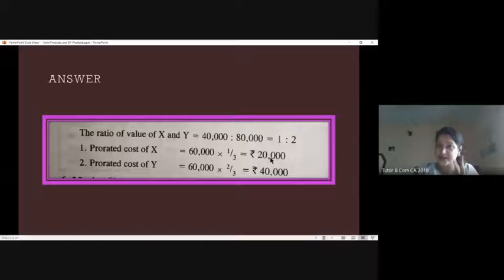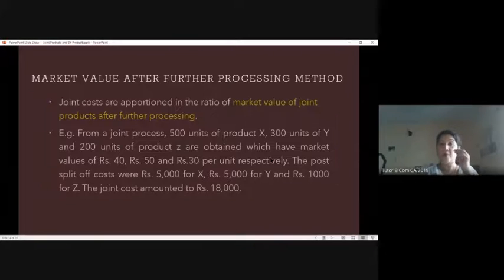Now we are going to the second method, and there is similarity between this method and the next method which we are going to discuss: market value after further processing. Say for example, in the dairy products which I had been discussing, sometimes there would be further processing required for the product in order to place it in the market.